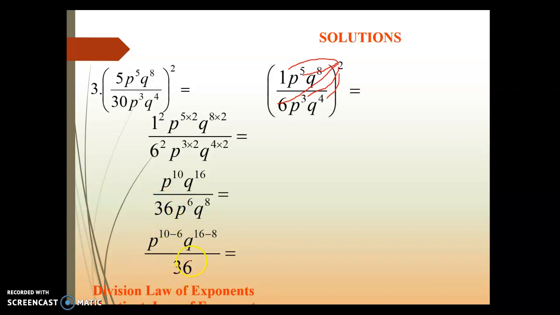Of course, it should be in the denominator since it is written here in the denominator. Am I clear? Okay, good. So if you simplify this one, you will get the same answer as earlier. Okay, P raised to 4, Q raised to 8, over 36. You may ask which is which. It's up to you what method you want to use and which is more convenient.